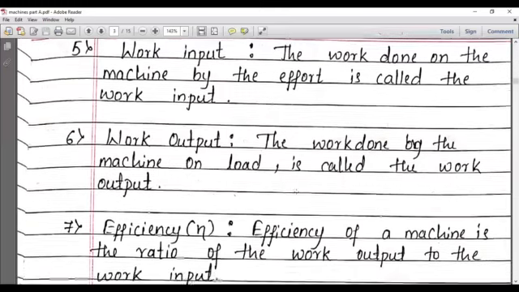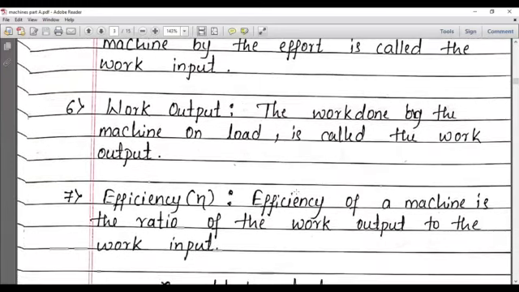The last term is efficiency. So what is efficiency? Efficiency is represented by the letter eta. You can see the symbol here. This is called eta. Efficiency of a machine is the ratio of work output to the work input.